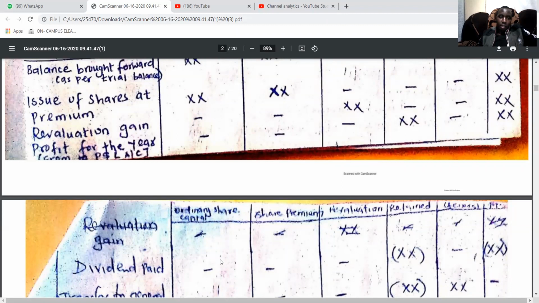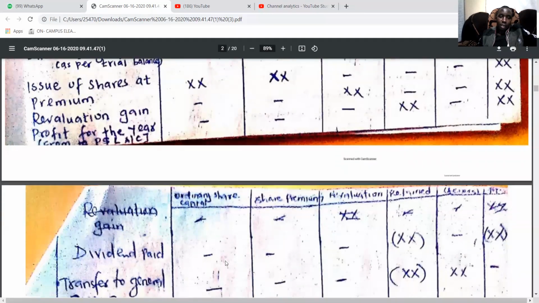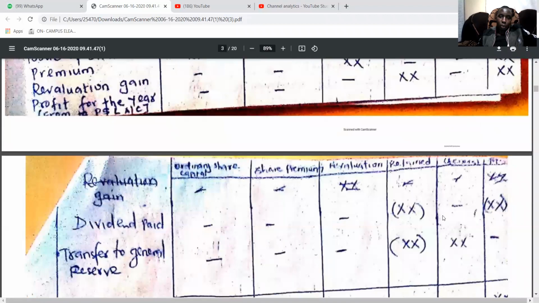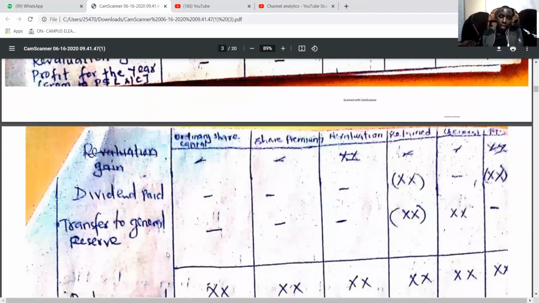Then the next thing is all about dividends. Remember, dividends are paid out of the profit, so you reduce that. So the amount of dividends paid, you subtract it under the retained earnings column and the total. Then now you transfer some amount to the general reserve.